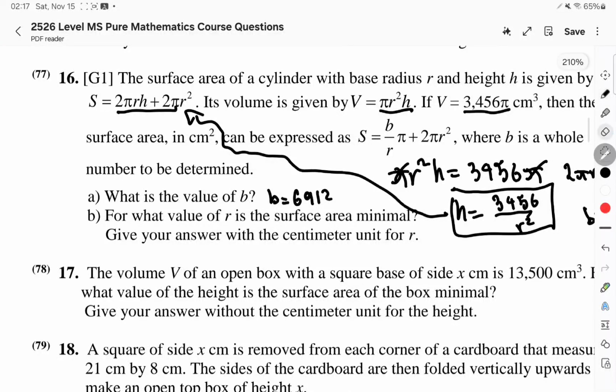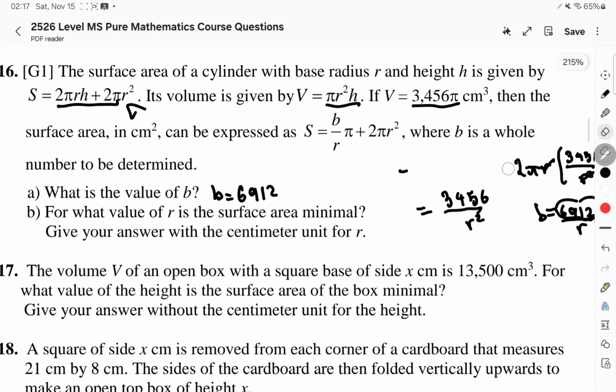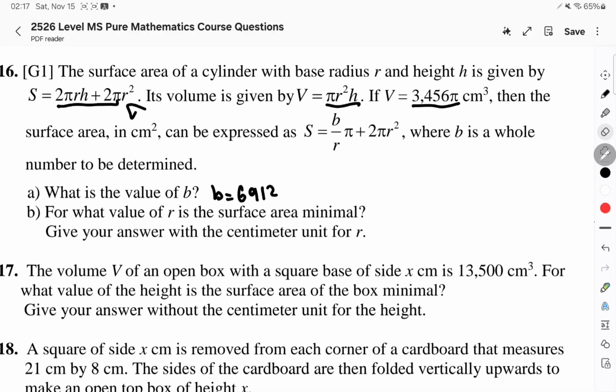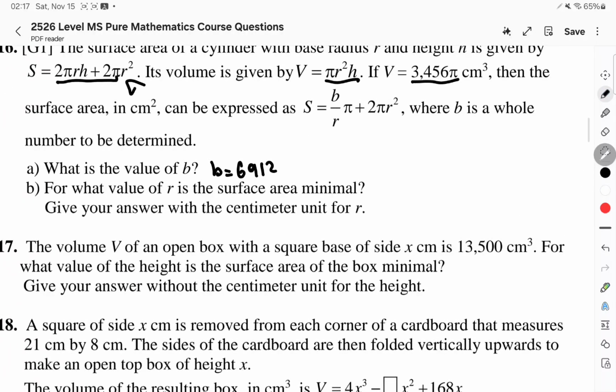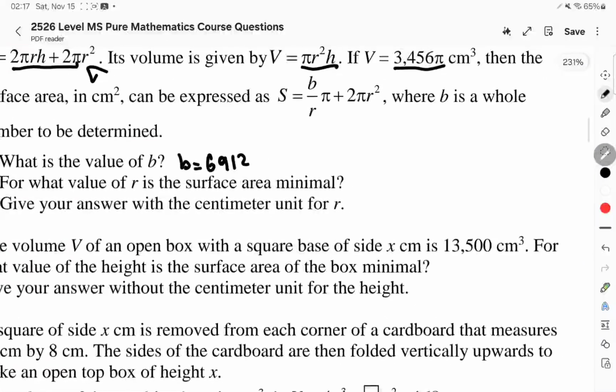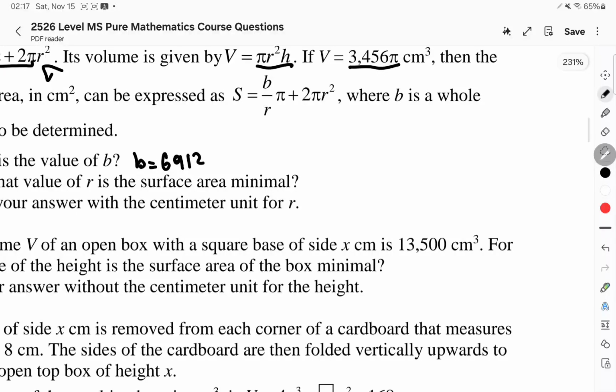What is the minimum surface area? We must find the derivative and second derivative. The first derivative is to get the stationary value, and the second derivative is to get the nature of the stationary value. So first we'll derive what we have here. We had initially s.